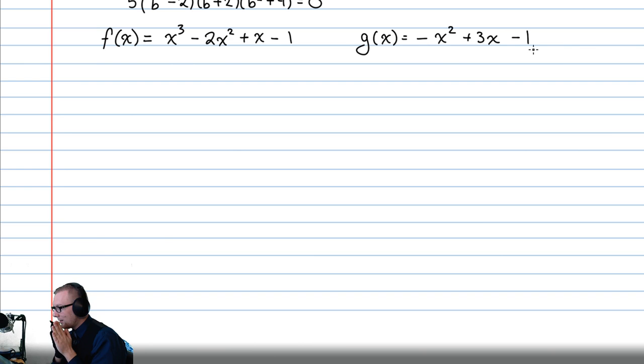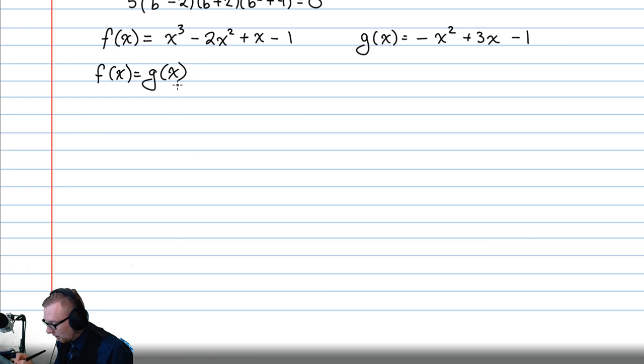They're at the same position at the same time. So therefore, their position is the same. So you would set them equal to each other, because the numbers are going to be the same. So set them equal to each other: f of x equals g of x.